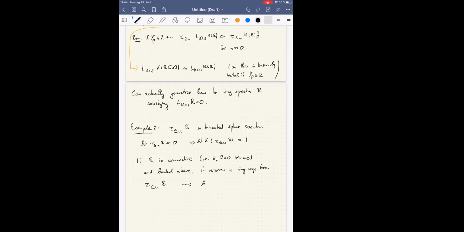And this way we can also see that the height of the K-theory of R is also smaller or equal to 1, because if we localize the K-theory of the truncated sphere spectrum at some T_i for i bigger or equal to 2, it becomes 0. So if it has a ring map from this to the T_i-localized K-theory of R, the target also must be 0. Okay, I think it's time now for the break.